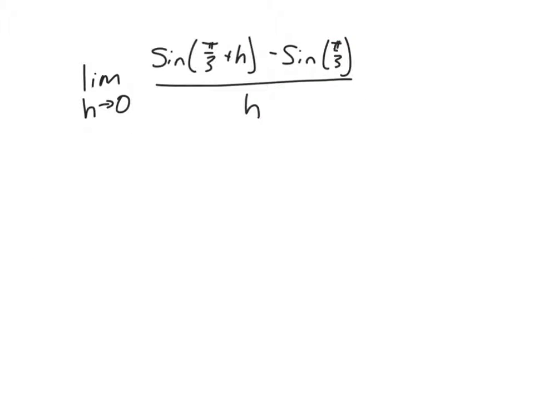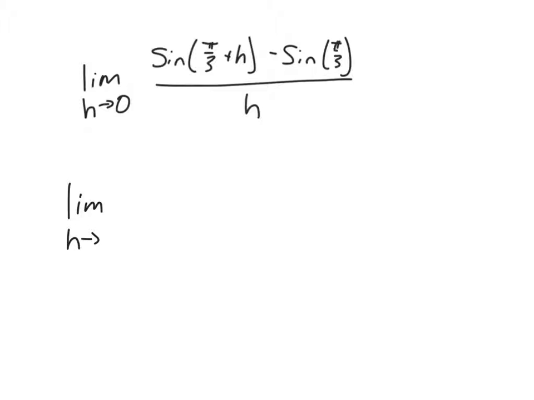So let's begin by actually using that identity to transform this limit. So we're still going to have the limit as h approaches 0. But remember, we're transforming that difference in the numerator to something else from our identity.